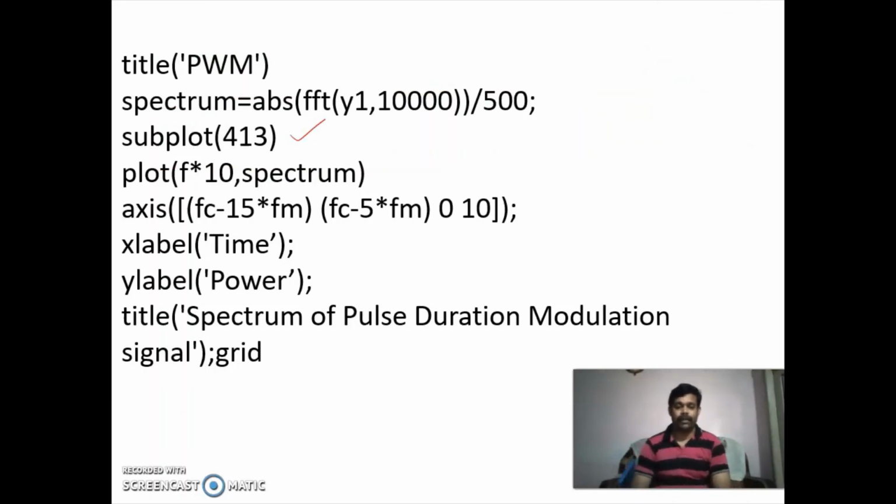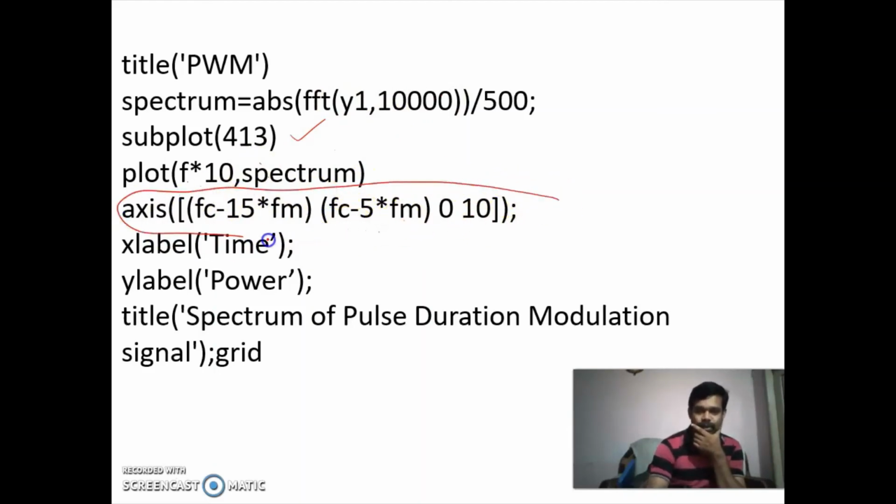Then 413, subplot of 413, plot: you're multiplying the frequency by 10 and drawing the plot, that is f into 10 comma spectrum. It will plot your spectrum. The axis value you are giving is fc minus 50 into fm, fc minus 5 into fm, 0 comma 10. This axis value you have to give.